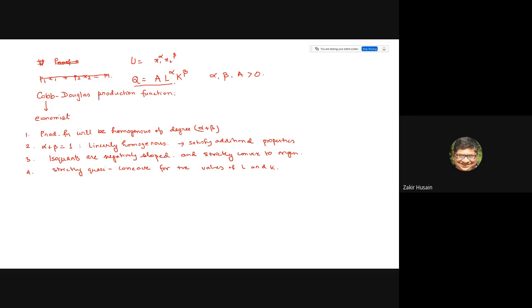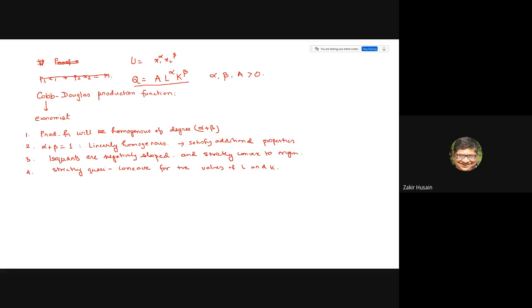Douglas wrote this: Q equal to A L to the power of alpha, K to the power of beta. And then Cobb got very surprised. He went back and checked and he found that this form really did satisfy all the 4 properties. And being a very generous person, he wrote a paper, and in that paper, he took Douglas as the co-author. And from thereafter, this type of function is called Cobb-Douglas function.